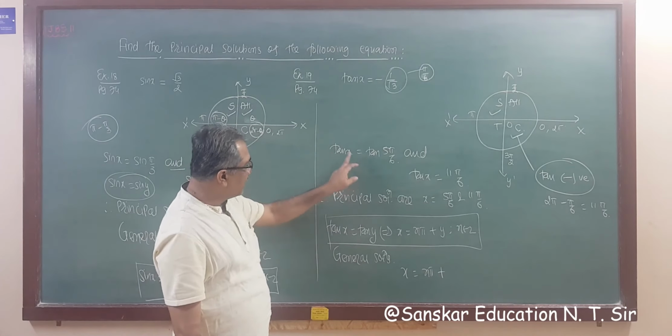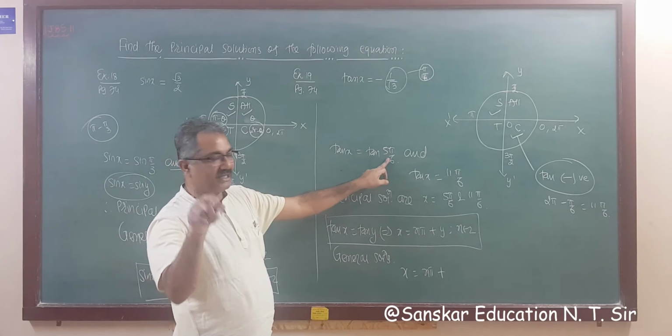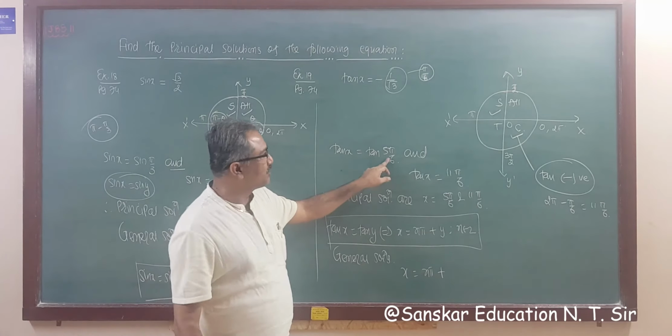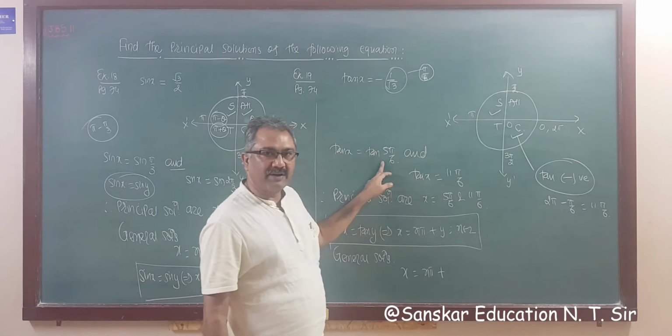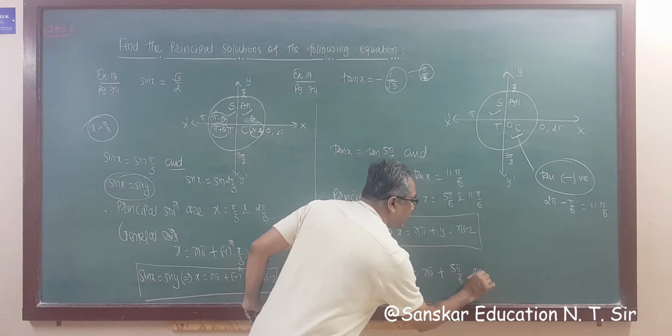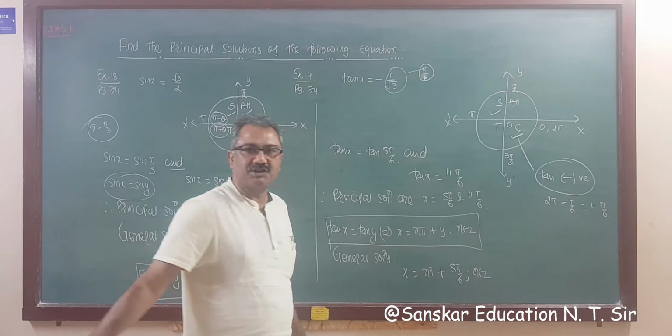So what is y? You have to take the smallest, in the order first, second, third, fourth quadrant. So this is in the second quadrant, so you have to take 5 pi by 6. So n pi plus 5 pi by 6, n belongs to z. This is your general solution.